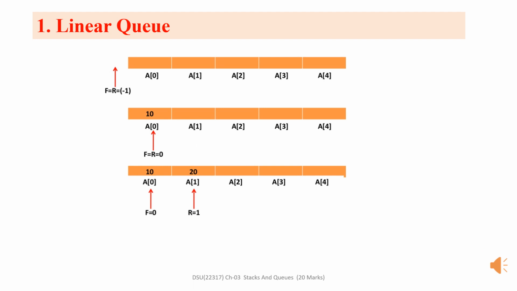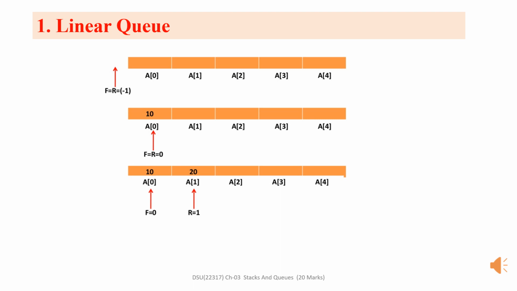We have learned the linear queue in the previous videos. We just introduce the linear queue again, just to revise it. See here, this is a linear queue, A0 to A4 are the indexes. Initially front and rear are -1. After inserting an element in the linear queue, front and rear are incremented by 1.